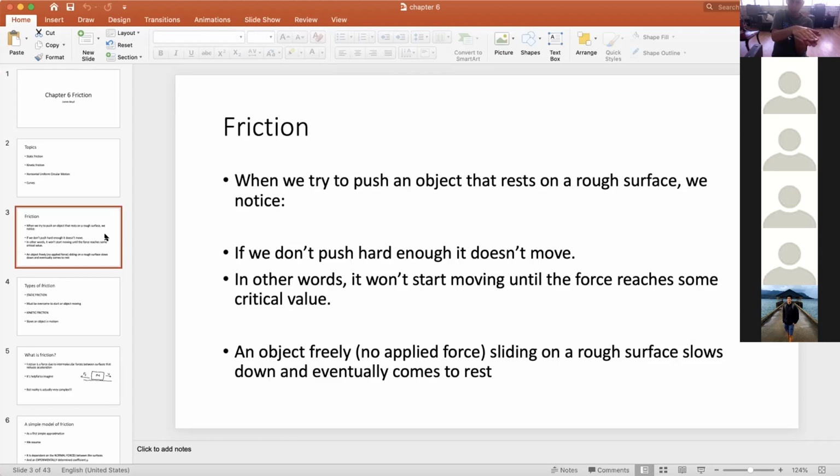Give it an easy push where it doesn't quite slide yet. If your hands are really slippery, I guess it'll slide right away. If your hands are super dry, mine are kind of dry, you'll notice you have to push a little bit on it before it starts going. There's definitely a minimum force that you have to push with before it starts sliding, okay?